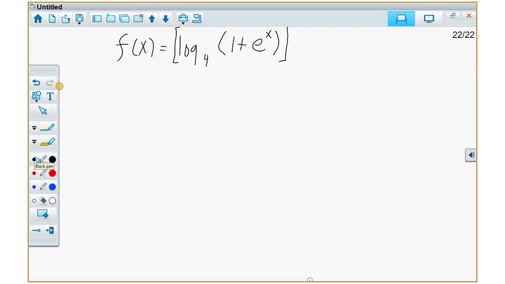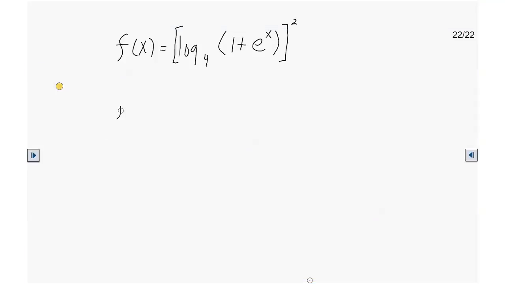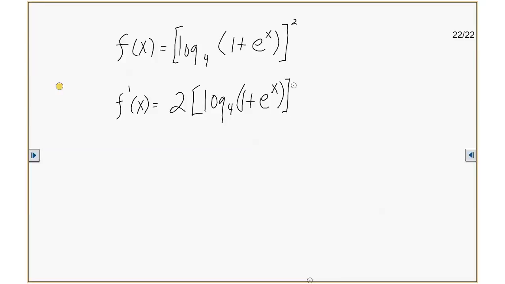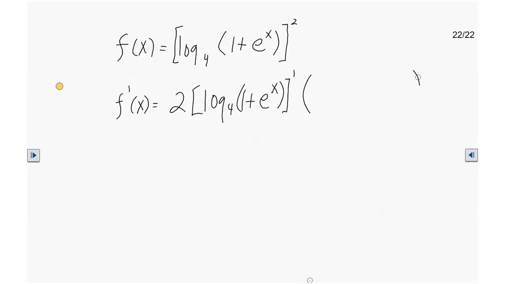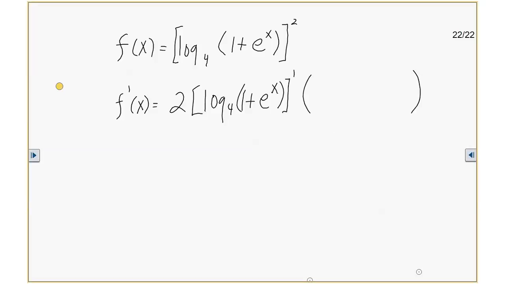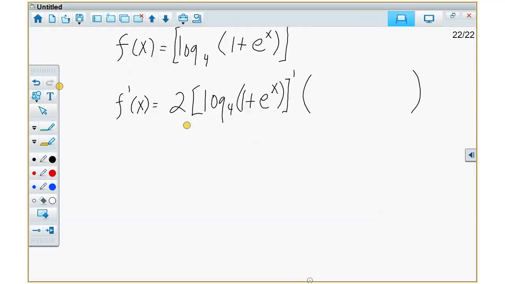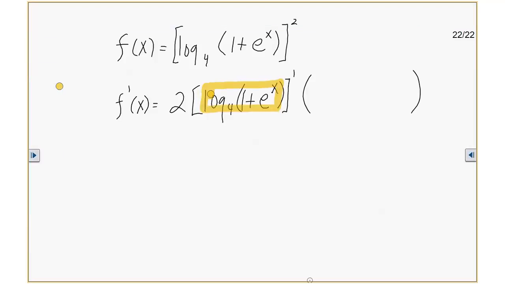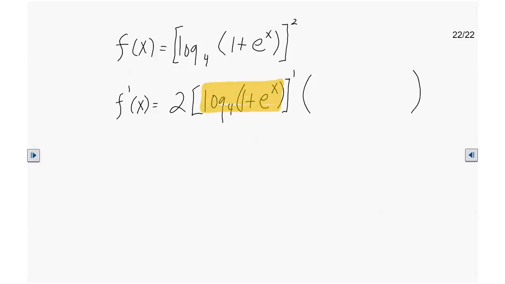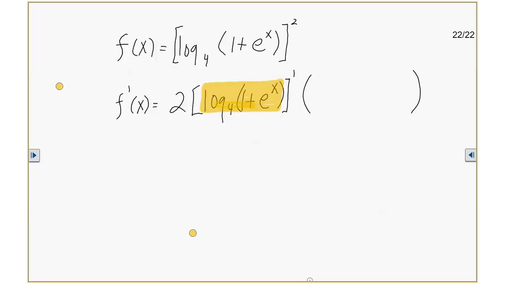So I think we got a 2 out there, right? So f prime of x is equal to 2 times the outside. And what's 2 minus 1? 1 times the derivative of what's on the inside. So you've got to take the derivative of this right here, which is log base b of a function.